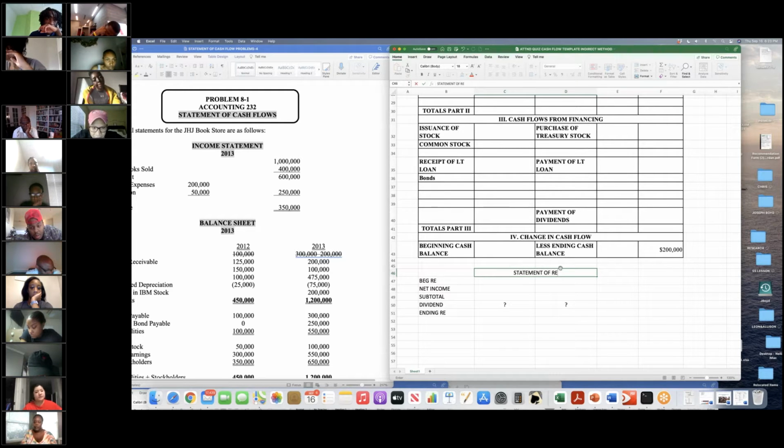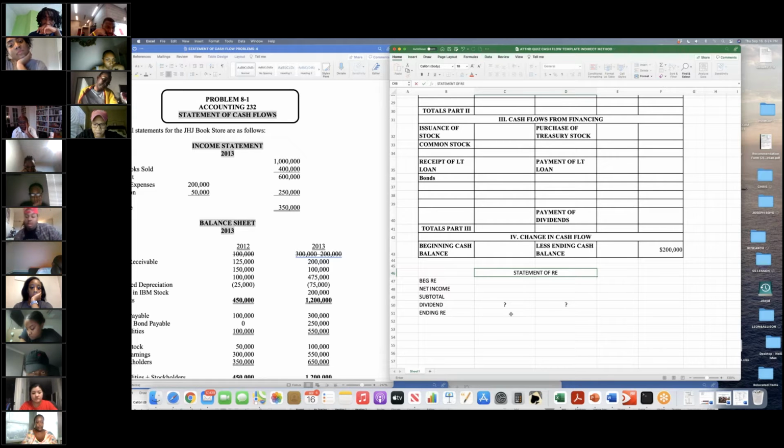You said we're pretty much putting in the difference, right? Put in your beginning retained earnings, put in your net income, and add the two together. Then put in your ending retained earnings. The difference between this subtotal and the ending retained earnings is the dividend.